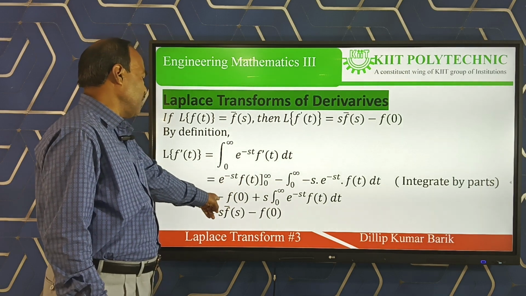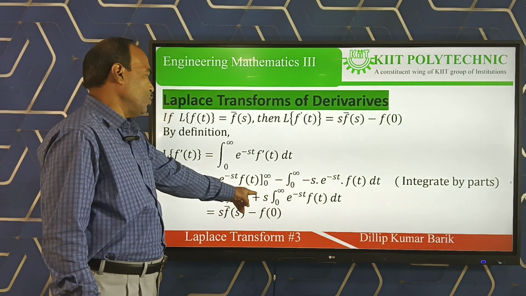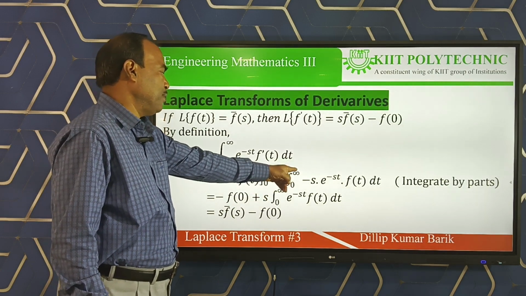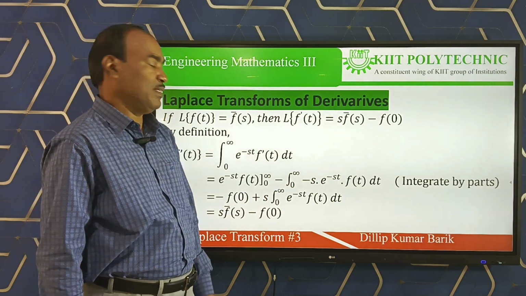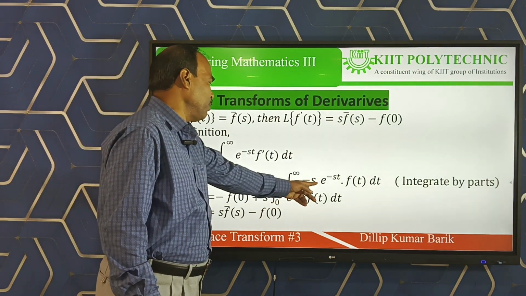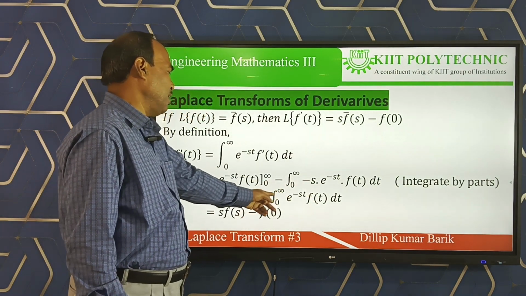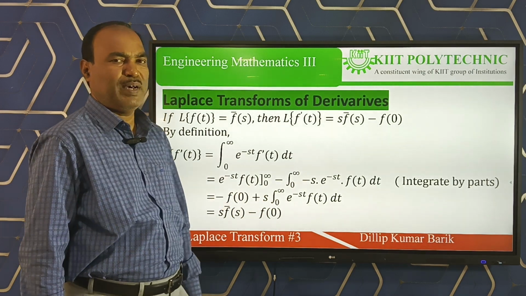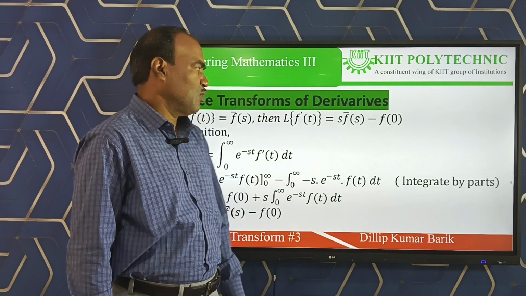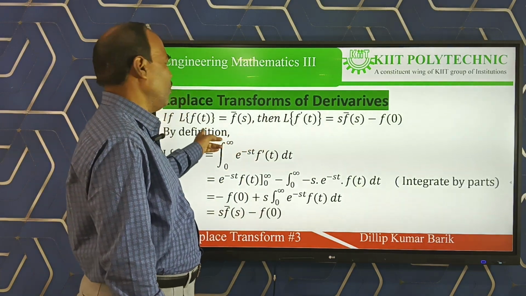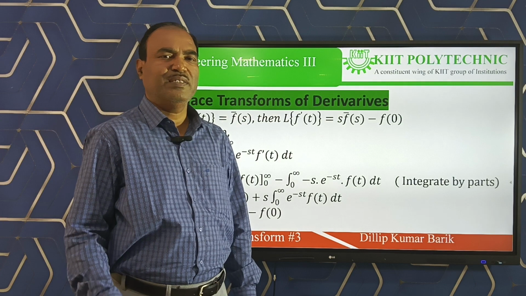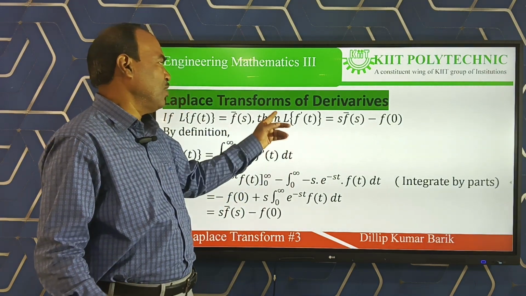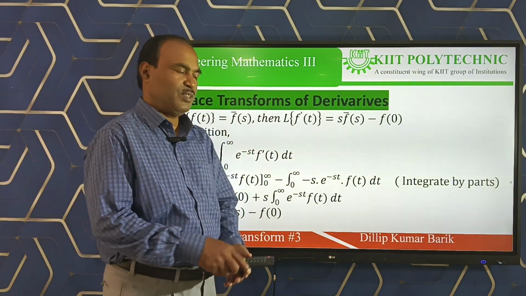So something minus f(0) plus s into integral 0 to infinity e to the power minus st f(t) dt. And by definition of Laplace, s into the 0 to infinity part is nothing but F bar(s). So it is nothing but s into F bar(s) minus f(0). So clearly it is a formula: when a function is given, its Laplace we first find, then its derivative's Laplace is nothing but s into F bar(s) minus f(0).